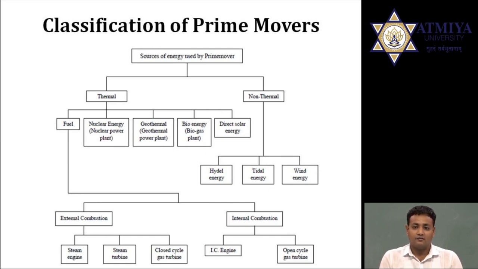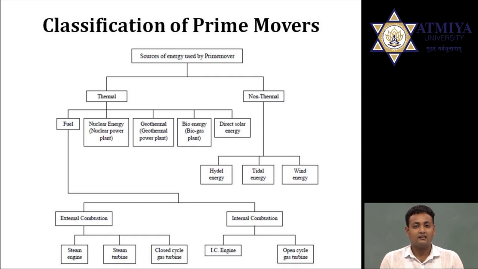Again, fuel. Fuel is a mixture of carbon and hydrogen, which burns in the presence of oxygen and releases some amount of heat. Related to fuel, the classifications are external combustion and internal combustion. External combustion is when the combustion of fuel takes place outside the engine cylinder, and in internal combustion engines, the combustion of fuel takes place inside the cylinder.